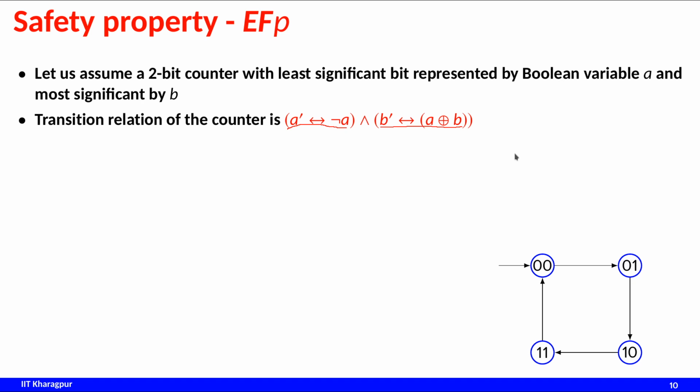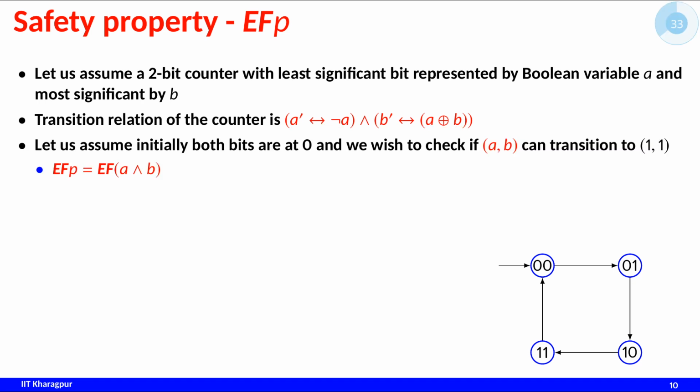So given this transition relation, we would like to check whether we can reach a state 1 1 or not.